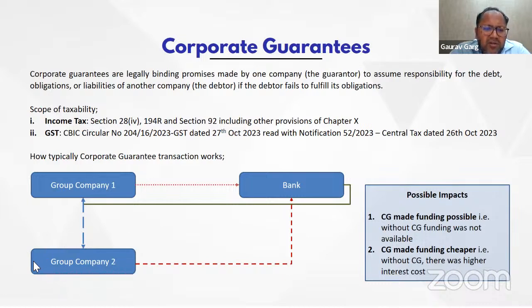But after the guarantee from group company number 2, the bank reduces the interest rate from 15% to, let's say, 12%. There is a saving of 3%. So there are possibly two impacts. One, earlier, without the corporate guarantee, the funding was not possible. The second, the funding was possible, but the interest rate or cost of the loan comes down because of the corporate guarantee.